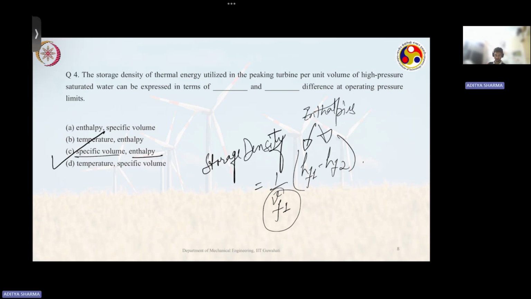So this was based on this formula for your storage density in case of your pressurized water sensible energy storage system.